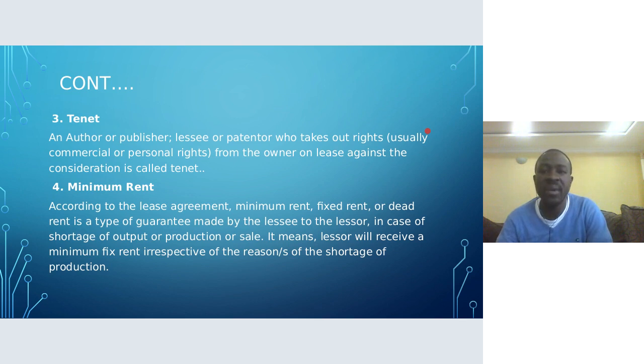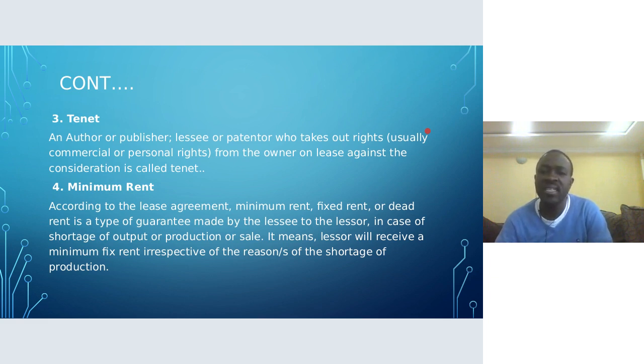Then we have the minimum rent. According to the lease agreement between the landlord and the tenant, or the lessee and the lessor, the minimum rent, which is also referred to as fixed rent in some books or dead rent, is a kind of guarantee made by the lessee to the lessor in case of shortage of output or production or sale.